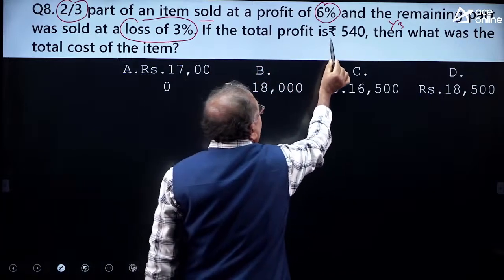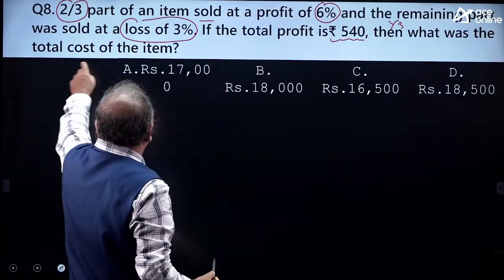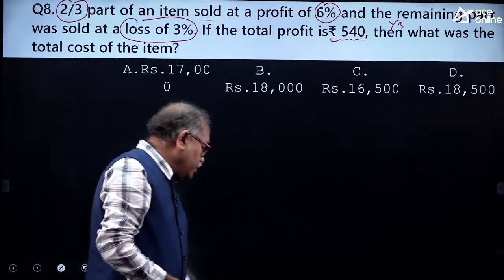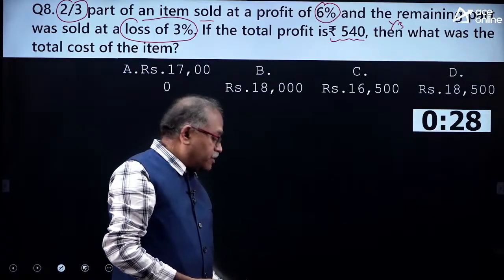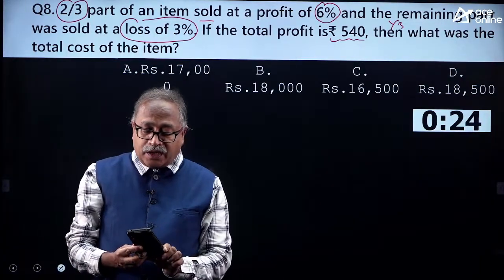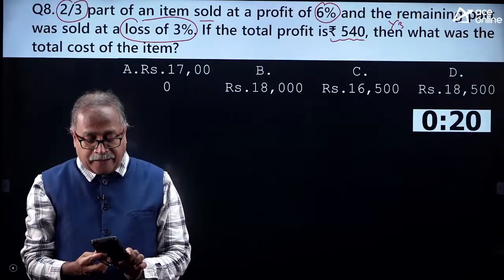If the total profit is 540, then what was the cost price of the item? I know those on the level of Aman will be able to answer, and I know Aman will definitely answer this question.